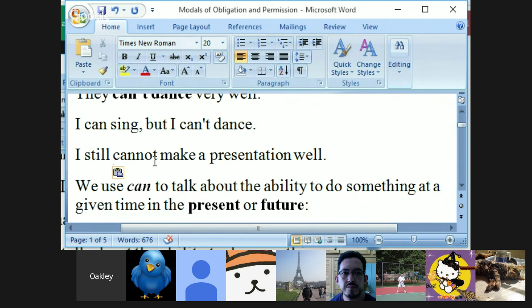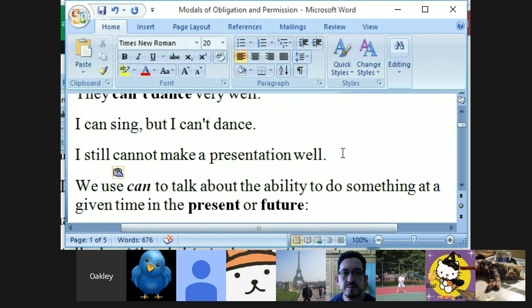I still can't dance, like that. So that's one little correction. Adverbs that show frequency or time should be in front of the can't. But all right, Masa, you still cannot make a presentation well. Notice I still stress cannot.